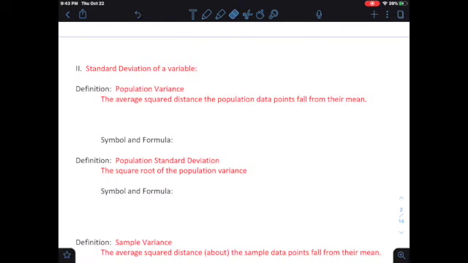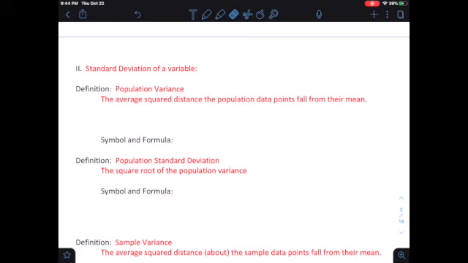The second type of spread we are going to learn to work through is the standard deviation of a variable. There are some definitions. Population variance is the average squared distance the population data points fall from their mean.